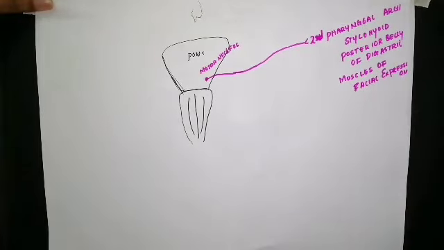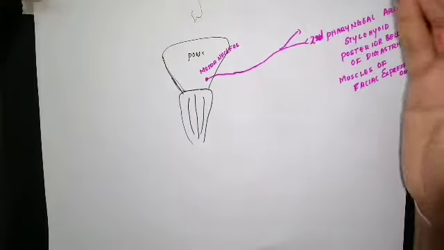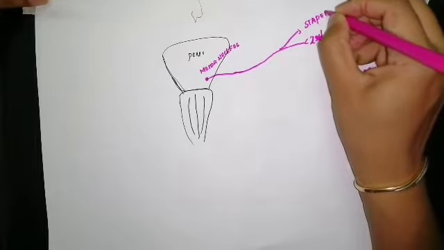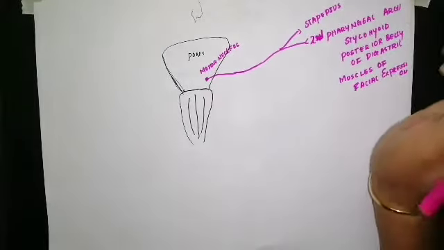The motor root also supplies a muscle located in the middle ear, that is the stapedius muscle. So the stapedius muscle is also supplied by the motor fibers of the facial nerve.